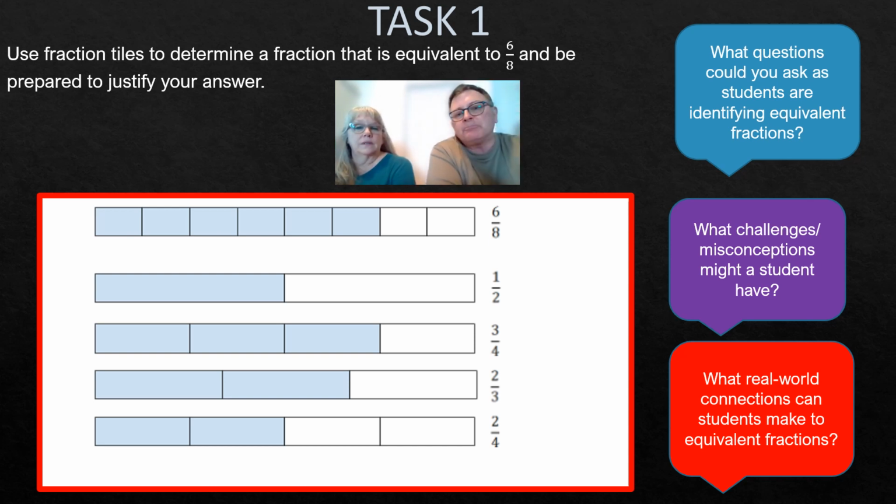And then looking at this, you see those 1/2, 3/4, 2/3, and 2/4. Well, I'm looking for pieces that are the same size as the 6/8 that take up the same amount of space. And I only see one of those that are modeled that take up the same physical space as the 6/8. And which one is that?